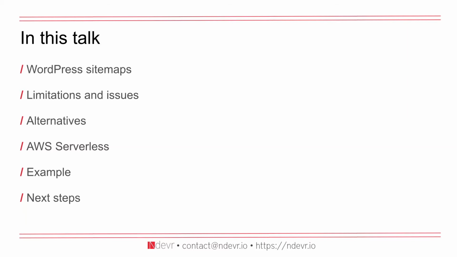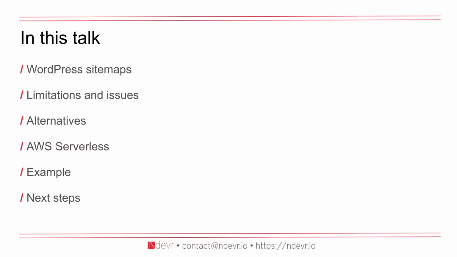All right, going to our talk. I'll talk about some of the WordPress sitemaps plugins mostly, because that's probably the most common way to get sitemaps implemented on WordPress websites, and some of the limitations and issues we ran into using these plugins.